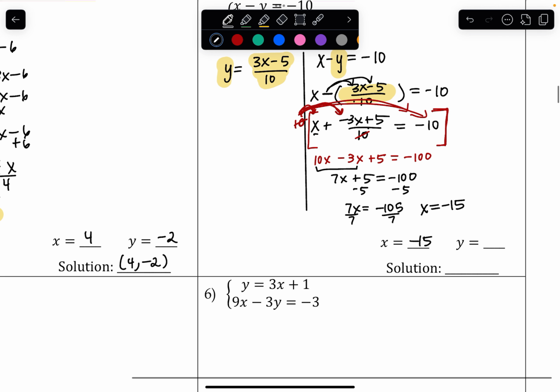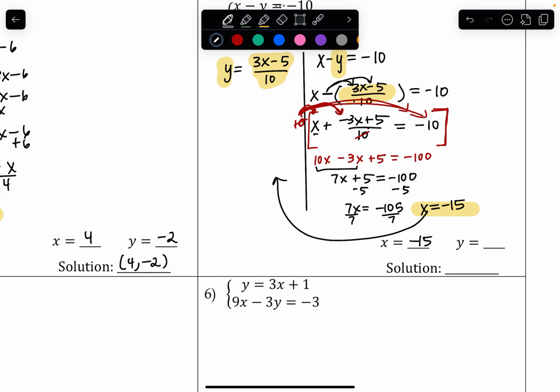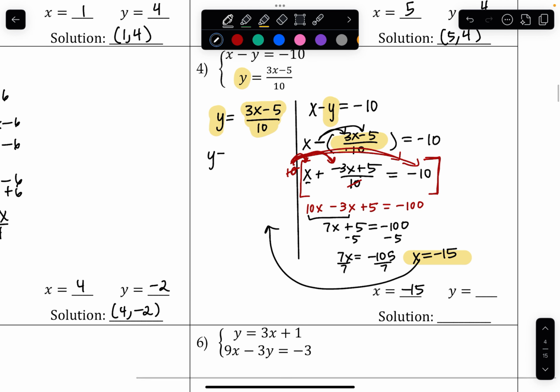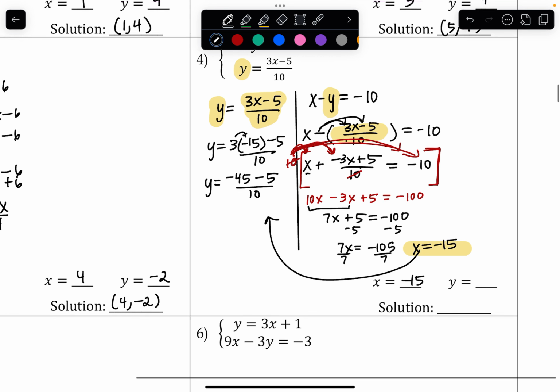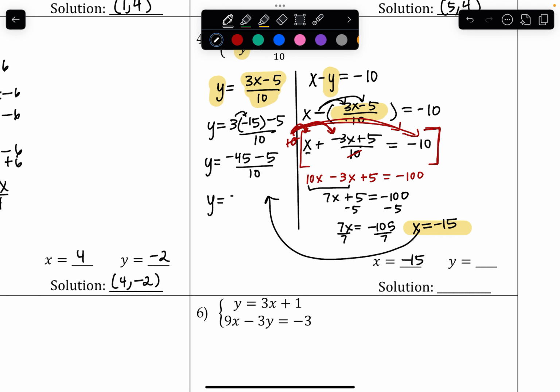Okay, and then we can take x equals negative 15 back to the other side and substitute it for the x, and then simplify. 3 times negative 15 is negative 45 minus 5, gives me a negative 50 on top.